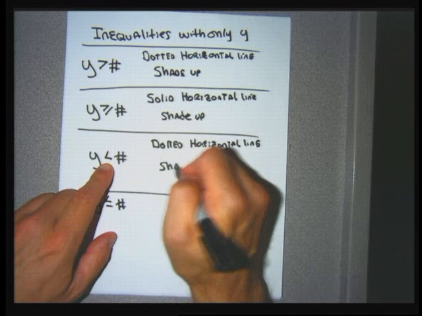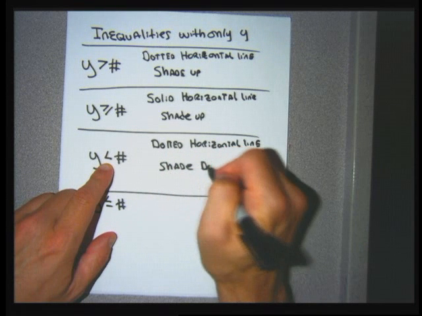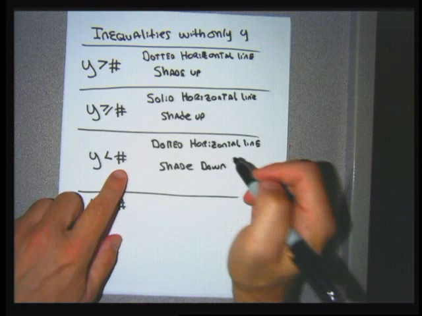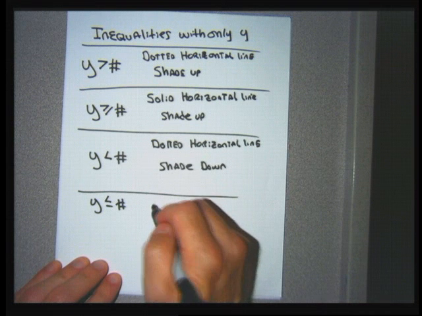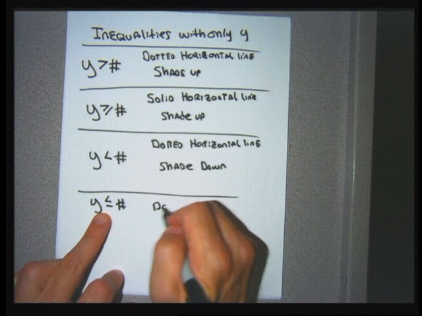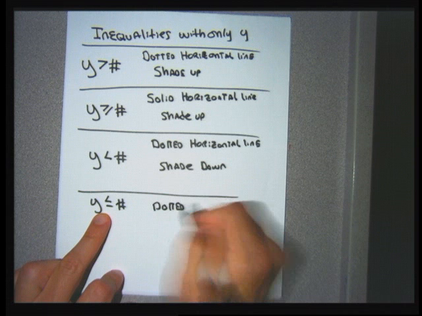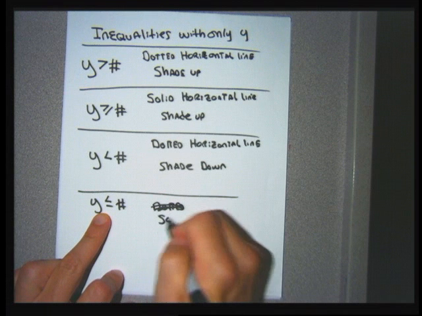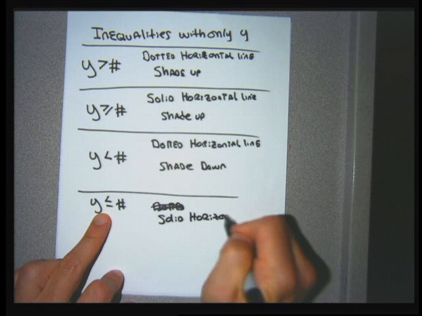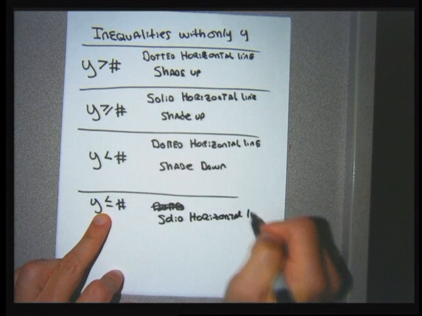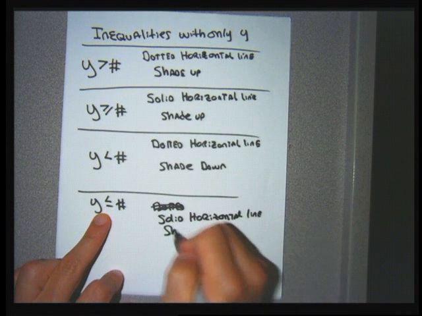And again, if I'm going to try to identify points that have y coordinates less than some number, less than on the y-axis is down, because numbers on the y-axis get smaller as you go down. And then the last scenario, y is less than or equal to some number, I'm going to draw a solid horizontal line. And I'm going to shade down again.